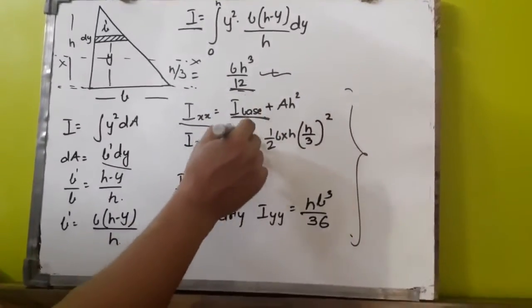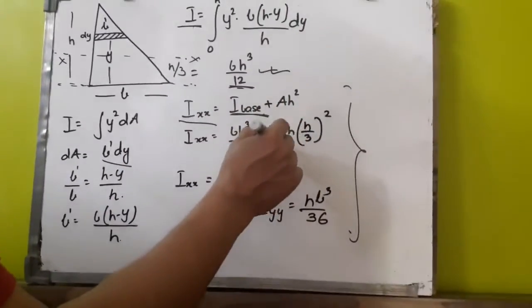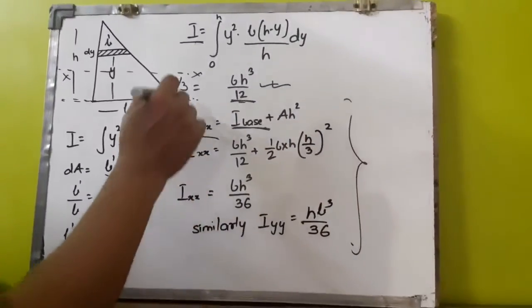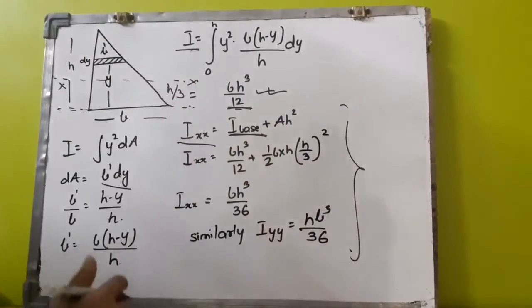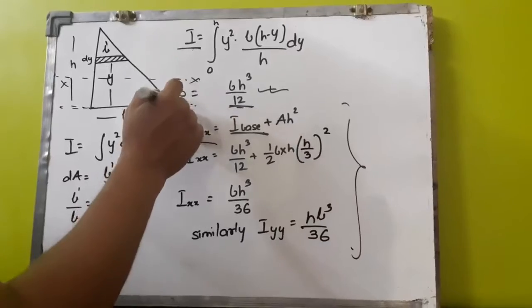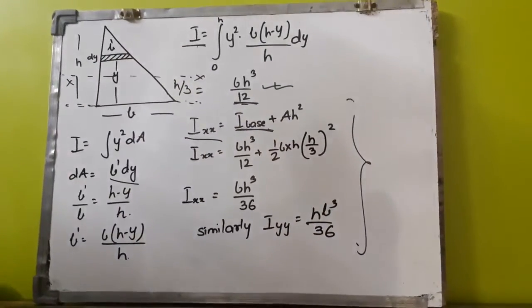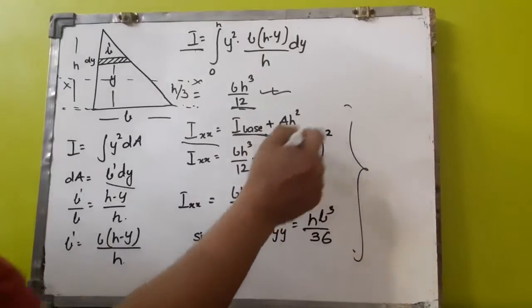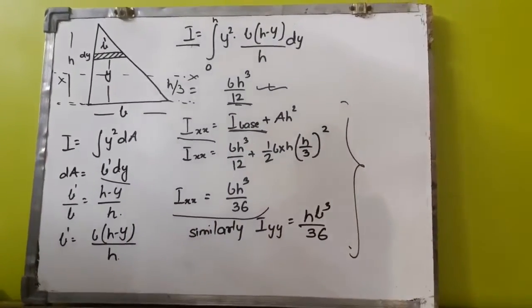So we have put down the values bh cube by 12 plus area of a triangle, half base into altitude, half b into h, and h by 3 is the amount of lateral shift required to shift from base to the centroidal axis. So this is h by 3. If you put down these values, you have Ixx is equal to bh cube by 36.